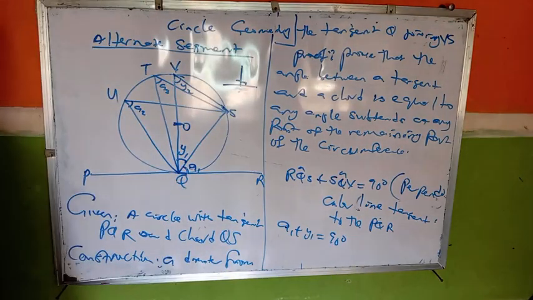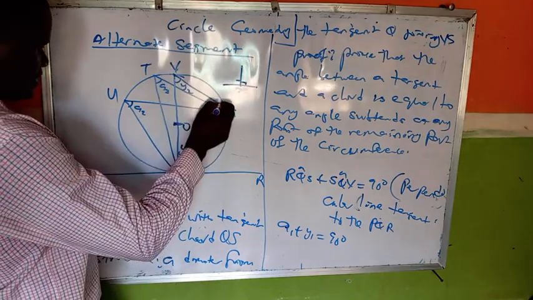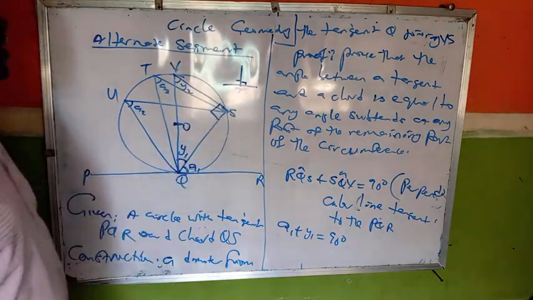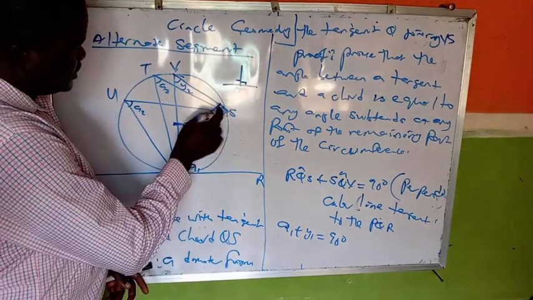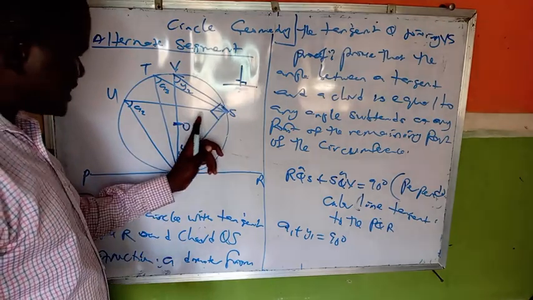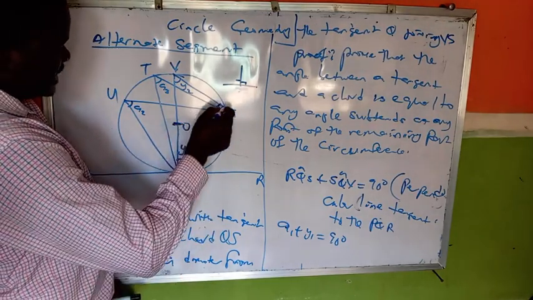Again, look at another thing. This is the diameter, so this place is the angle at the semicircle. We have proved that the angle at the semicircle is 90 degrees.